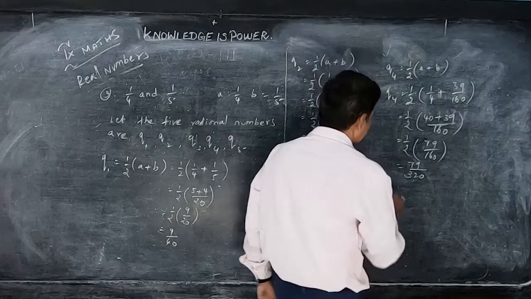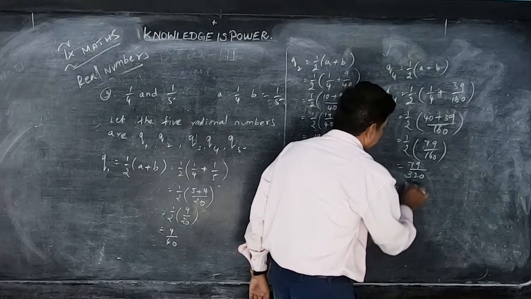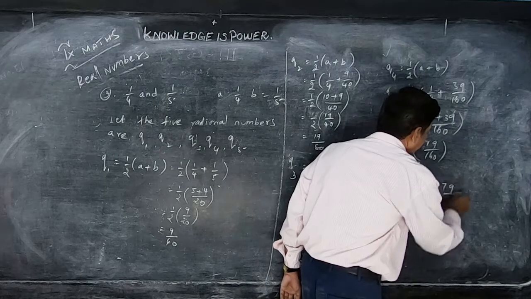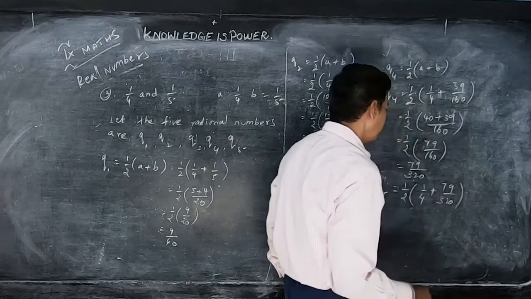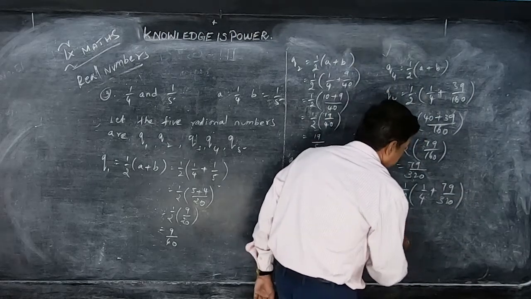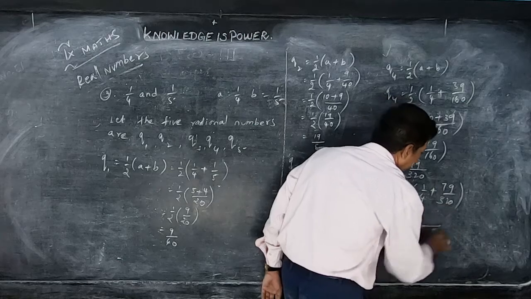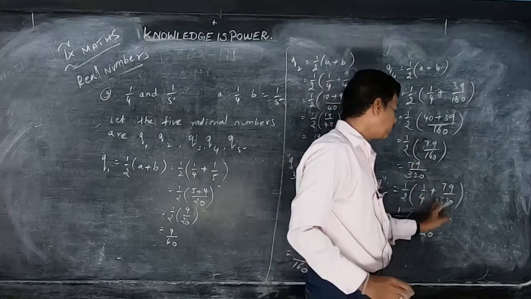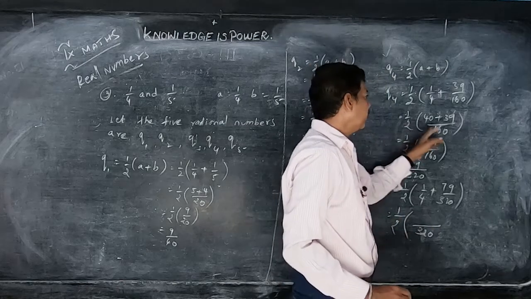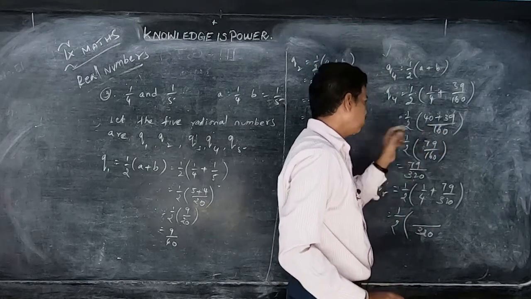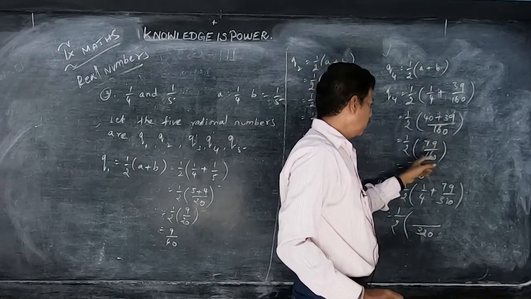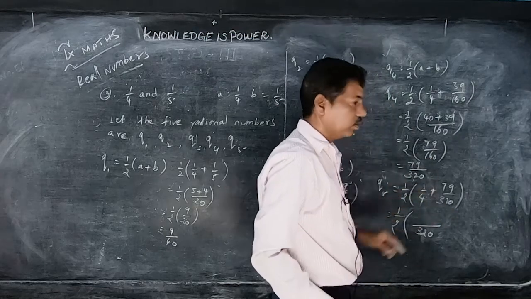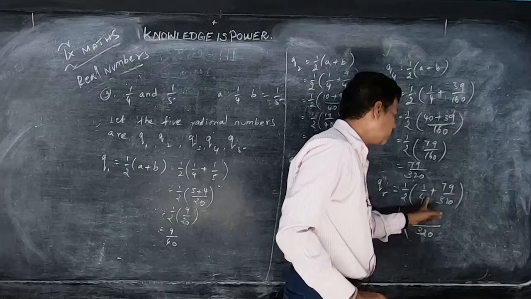Next, last one, Q5. Same, 1 by 2, 1 by 4 plus 79 by 320. The LCM for this is what? 320. How many times? 4 times what gives 320? Here 4 times, that is 80. 4 8s are 32.